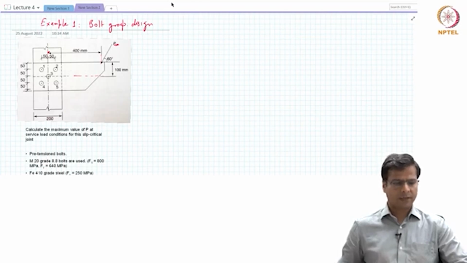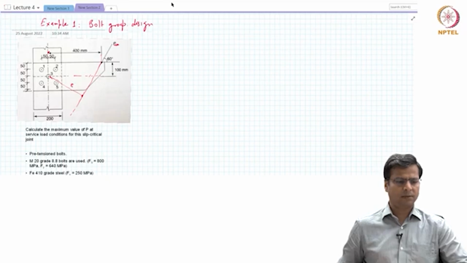As we had discussed before, we need to calculate this eccentricity. This is the E value, this length. We can use some simple geometry principles to calculate that.